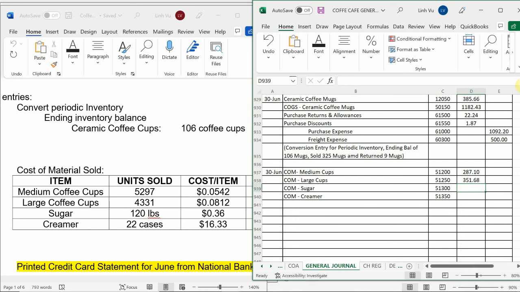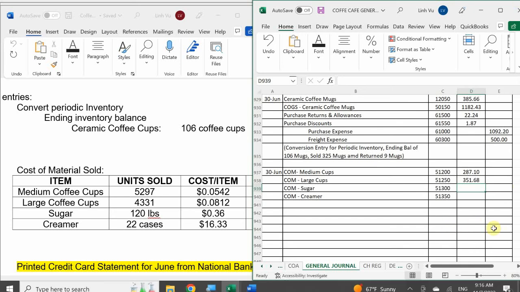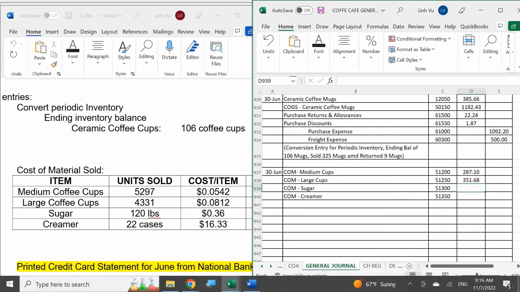Good. What about the cost for the sugar? You used 120 pounds at 0.36 cents, which is 43.20.